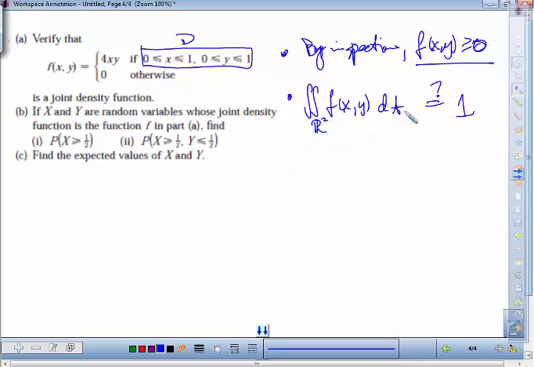So this integral will equal the double integral, and I don't have to write this out in inequalities because it's already written there for me, of the function for xy, dx dy. It doesn't really matter which way I integrate because the limits are constant.